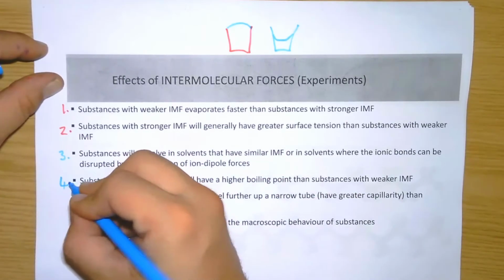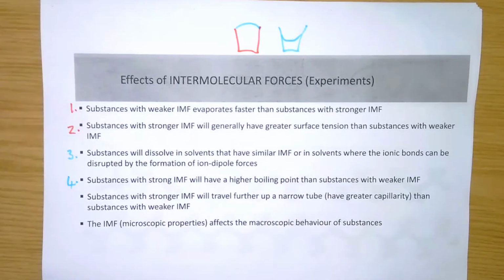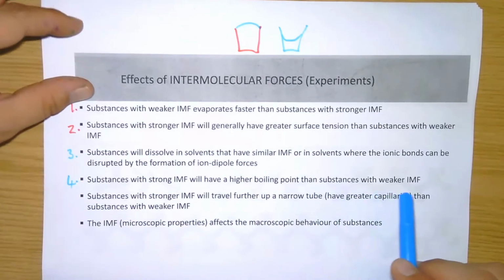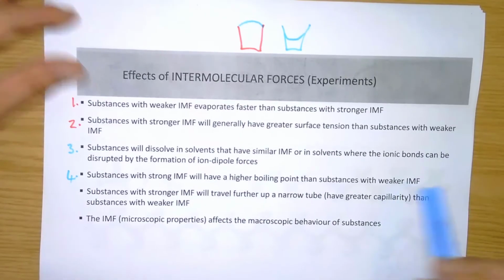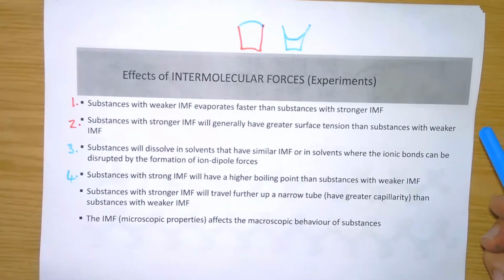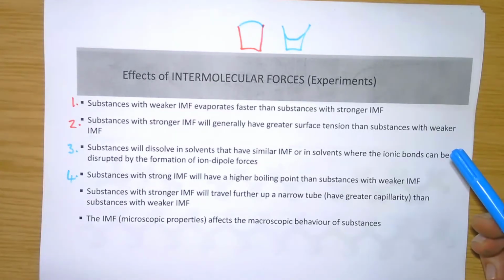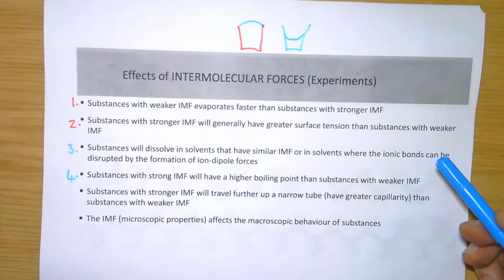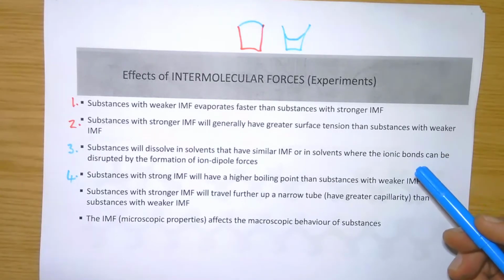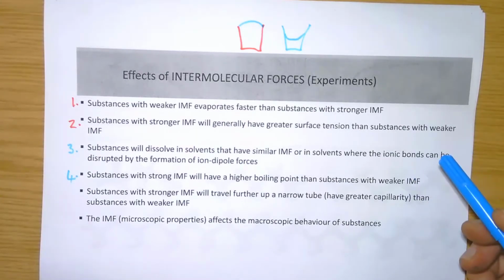Number 4 then. Substances with strong intermolecular forces will have a higher boiling point than substances with weak intermolecular forces, which makes sense. Hydrogen bonding, which is the strongest type of intermolecular force we get, and water has hydrogen bonding, means that water has a boiling point of 100 degrees Celsius.